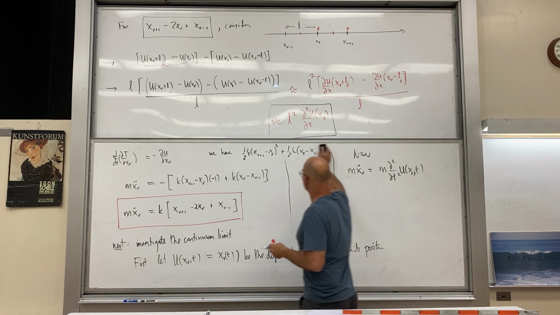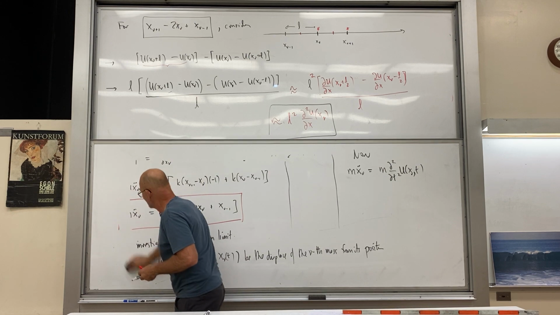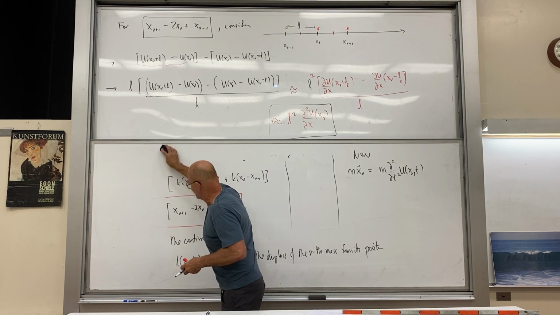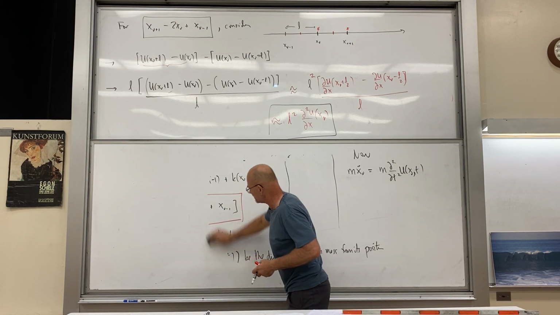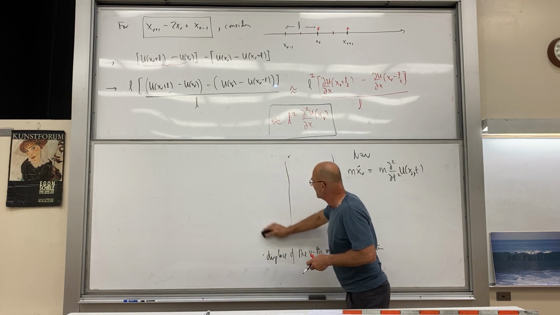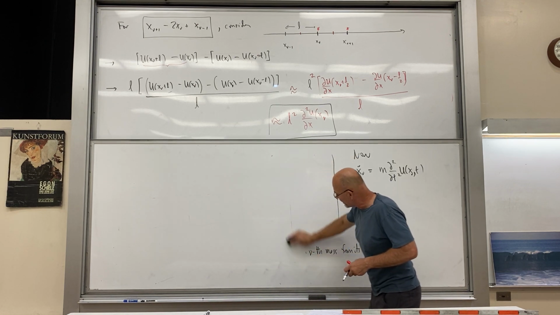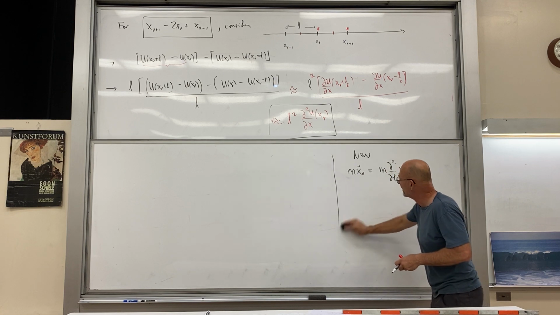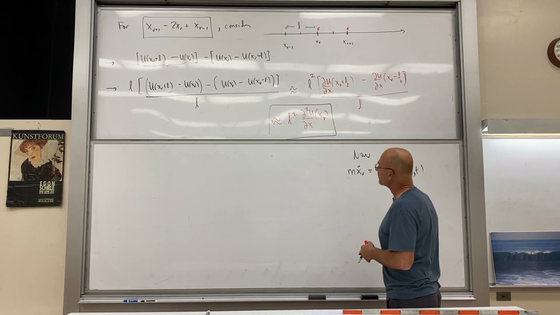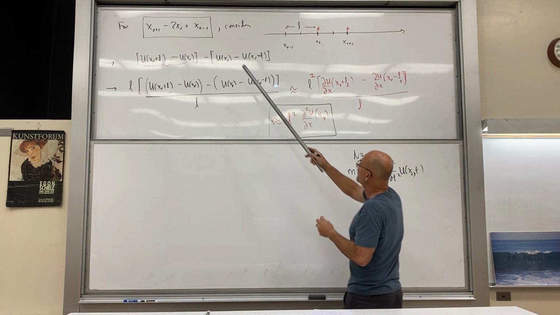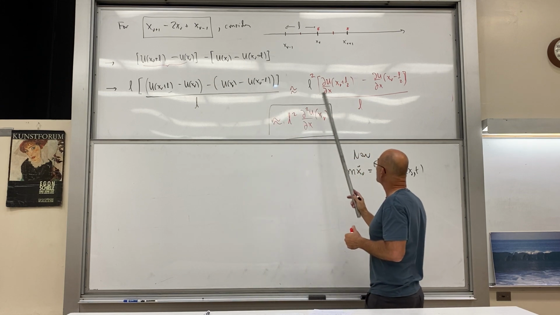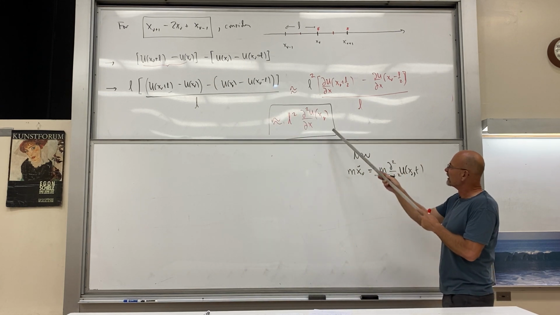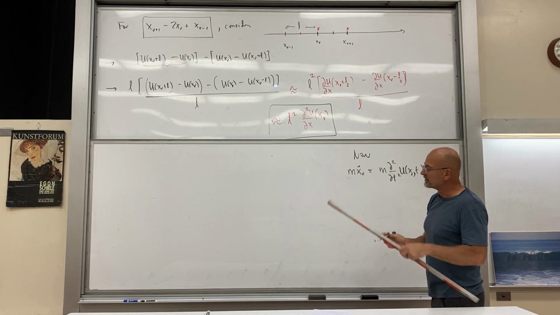So let's go ahead and erase all this. Yeah, leave enough space and you can figure out exactly what I did with the progression from the difference expression to these difference quotients and then their interpretation as the second derivative there.